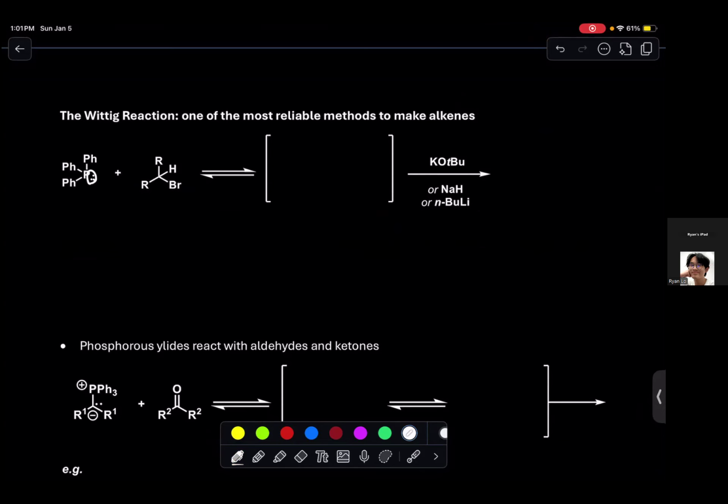So the first thing you're going to be doing here is attacking right here. It's going to do a quick attack right there. And then we get PPh3 with a plus charge right here. You have an H here. I'll go ahead and highlight this because it can get a little complicated.